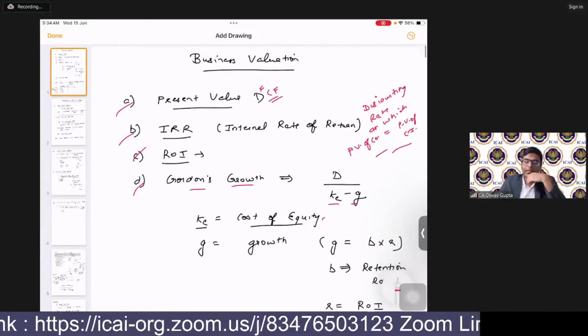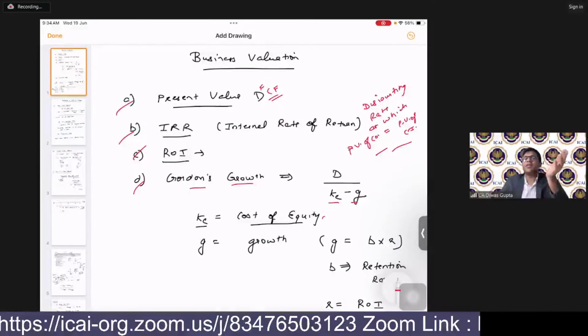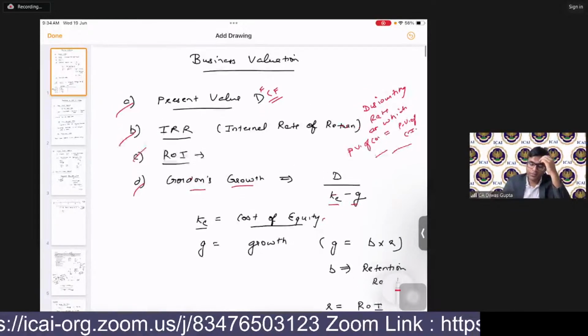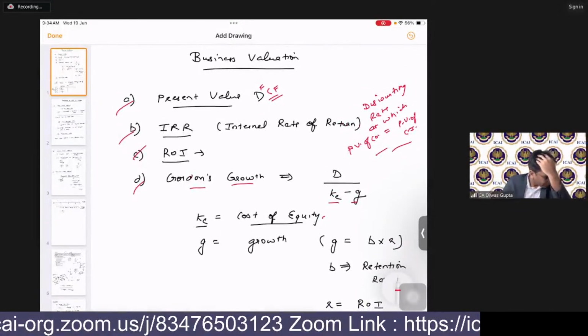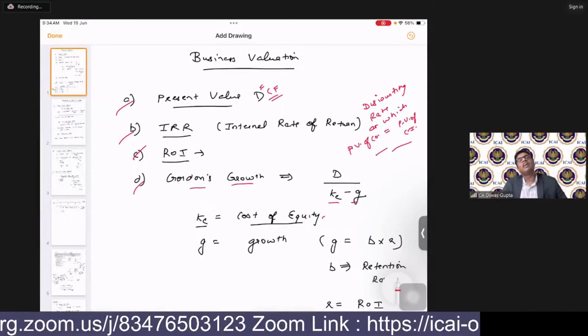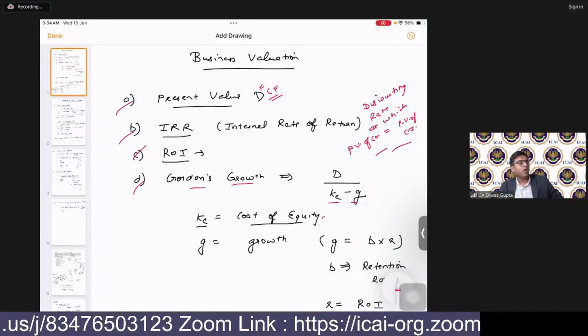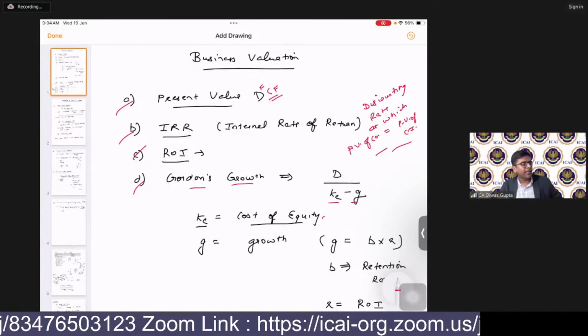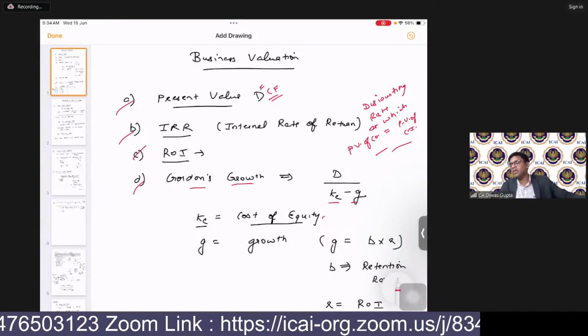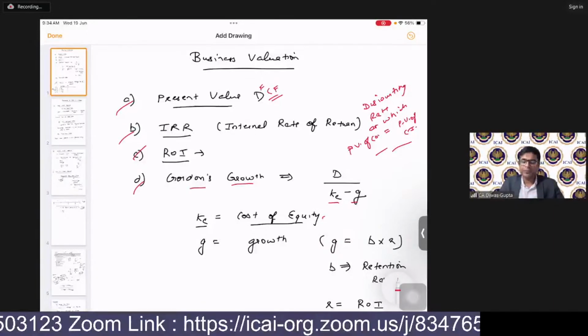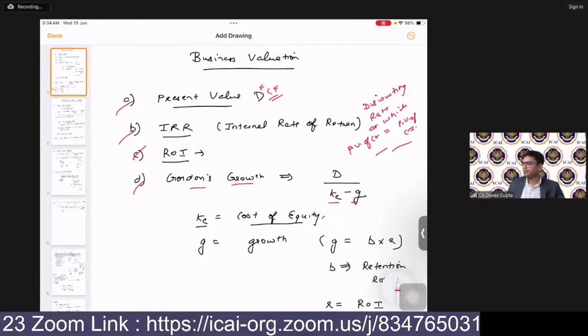Okay, can anyone tell me what is the difference between the equity valuation and the business valuation? While we say business valuation, is it as good as equity valuation, or is equity valuation something else and business valuation something else, according to your understanding, students?